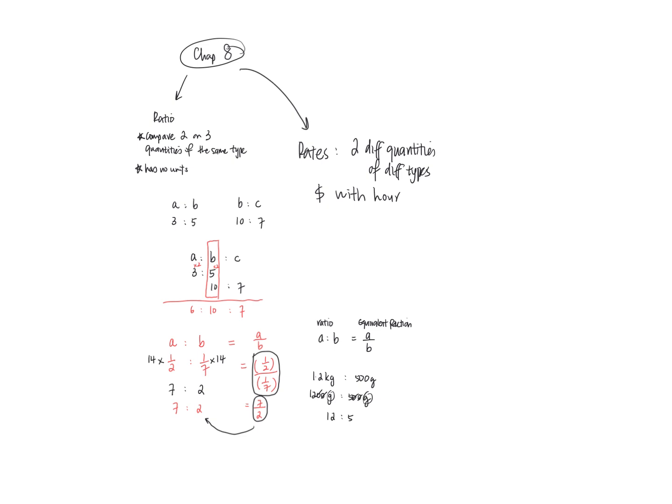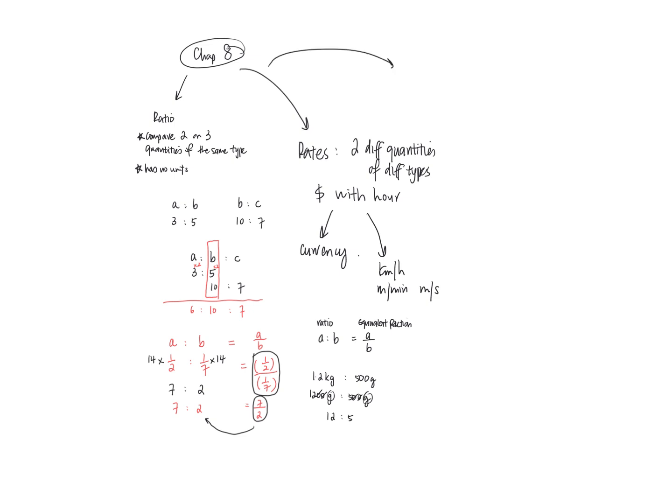So all these are comparing 2 different types of quantities, and it tells you the ratio basically. One thing they like to compare is currency: how much of your Malaysian ringgit can you change with a Singapore dollar, right? Or maybe your kilometers per hour, your meters per minute or meters per second. So these are things that they like to compare.